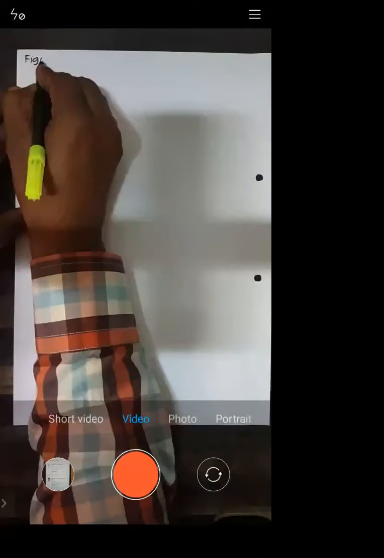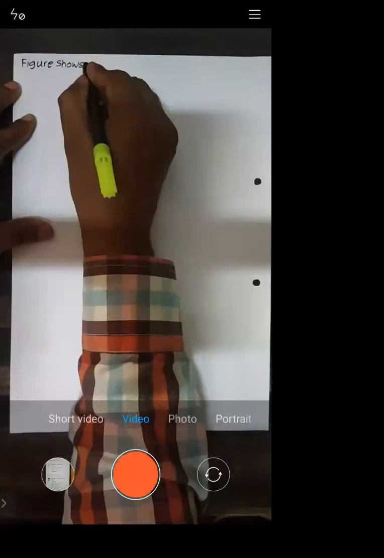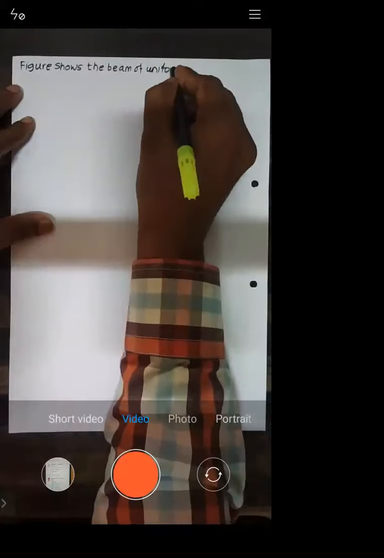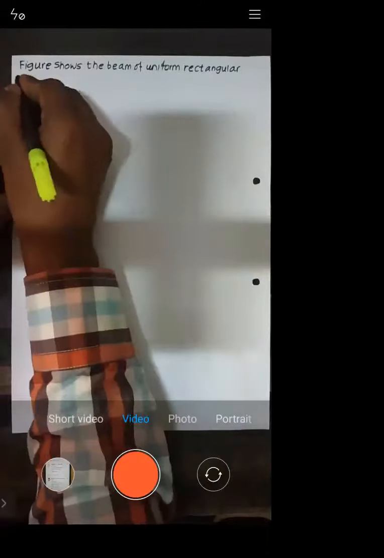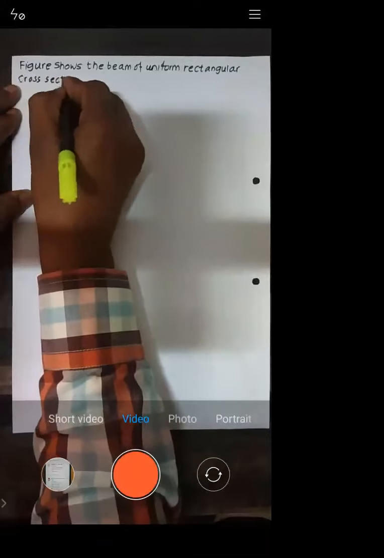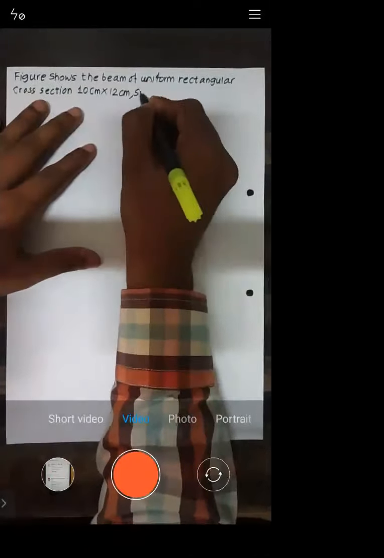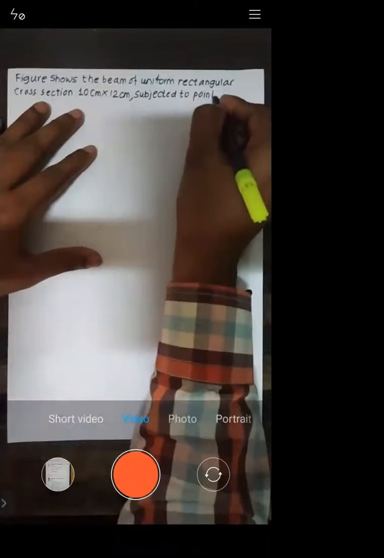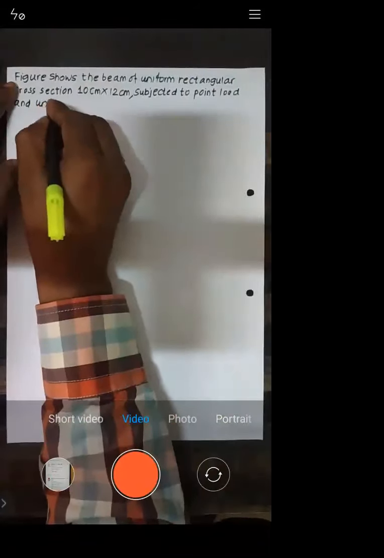The figure shows a beam of uniform rectangular cross section, 10 centimeter by 12 centimeter, subjected to a point load and a uniformly distributed load.